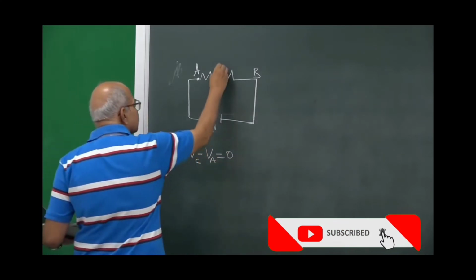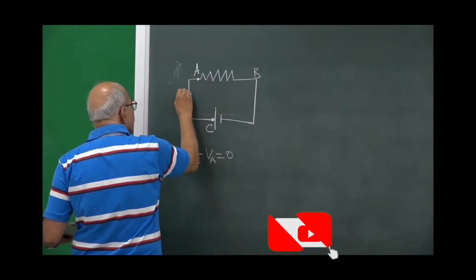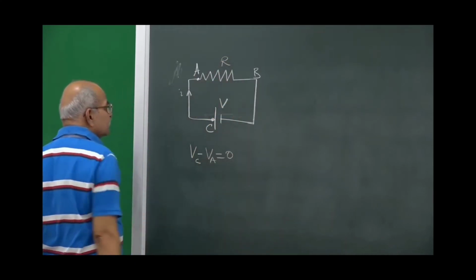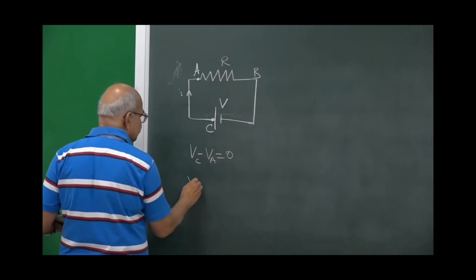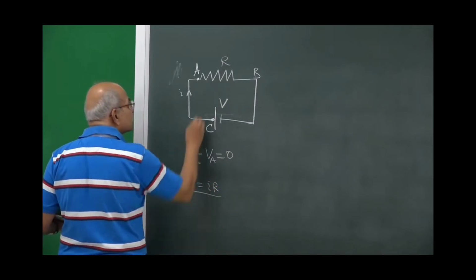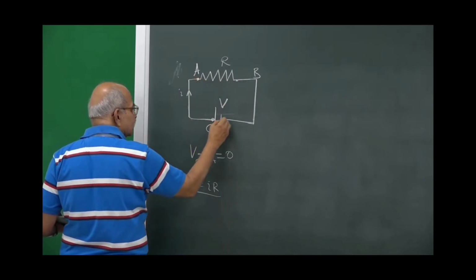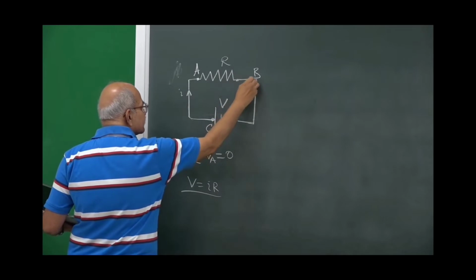We always say that if the current is I and the resistance is R and this is V, then V is equal to I times R, and this I times R is the potential difference from here to here. So the potential difference here is taken as 0.